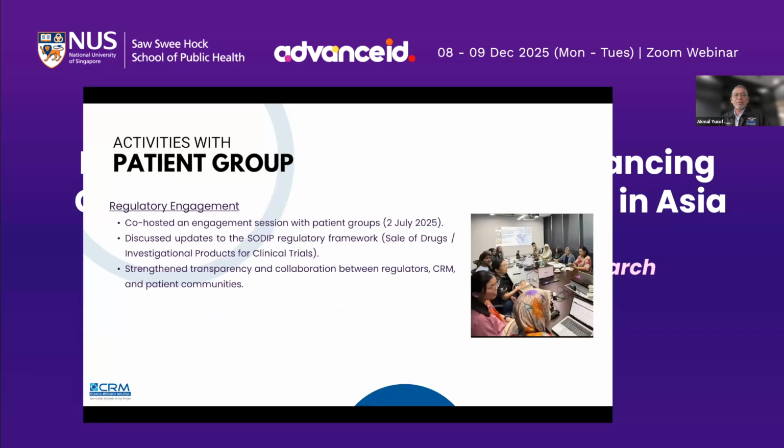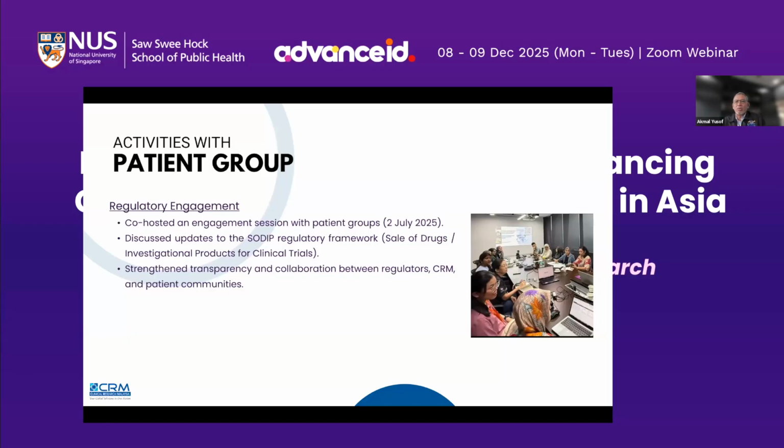The other thing that we do, which is slightly different, I think, is to engage our patient groups with the regulators. So they will know that clinical research is well governed, and the regulators have their set of rules that need to be followed, especially the regulatory framework in Malaysia.